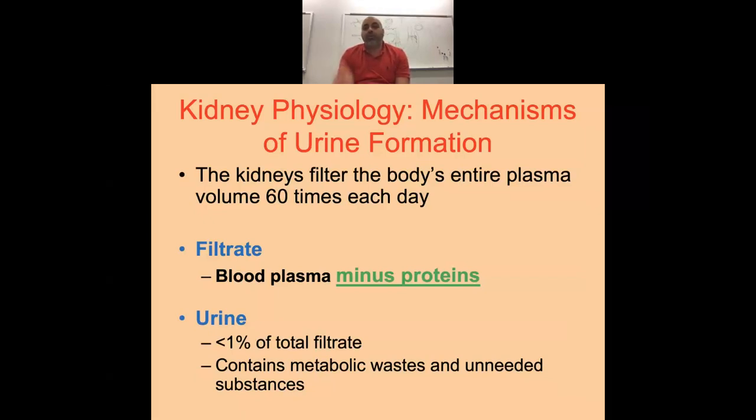So why does that happen? Because what we're going to see is we reabsorb stuff like crazy. We pull it out of there using transmembrane proteins and aquaporins to allow water to come back in. We pull it back out and put it back into our blood. We don't want to lose it. Okay?